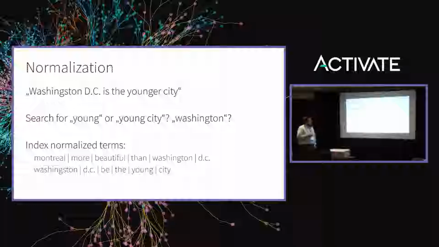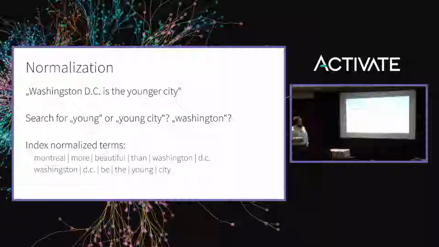And then let's take this a step further. Now we have a sentence like: Washington, D.C. is a younger city compared to Montreal. I wanted to do it otherwise, but this is the truth. What now if you search for young city, and there's no young as a token in this sentence? You somehow have to get from younger to young.